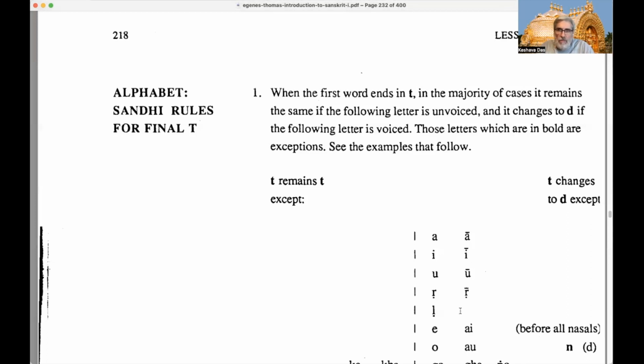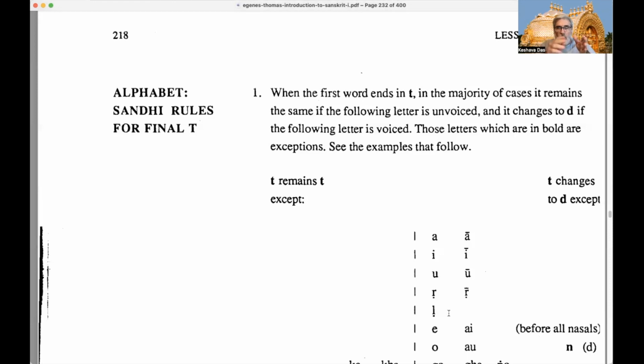So in the majority of cases where the beginning letter of the next word after a final dental T is an unvoiced letter, then it doesn't change. It remains the same if the following letter is unvoiced, and it changes to dental D if it is voiced.